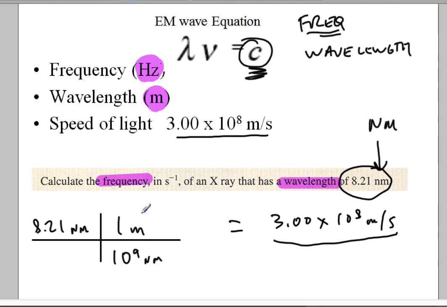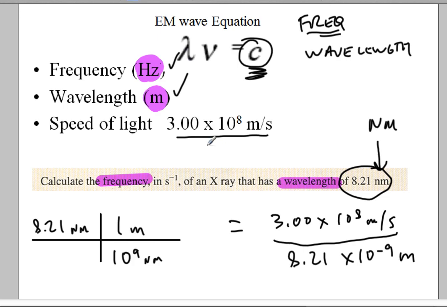That's a conversion you need to know for the light equation. So I would take my calculator and go 8.21 divided by 10 to the 9th, and I'm going to get 8.21 times 10 to the negative 9th. That would be my value, and that's in meters. I've converted it into meters because meters is required and so is hertz.